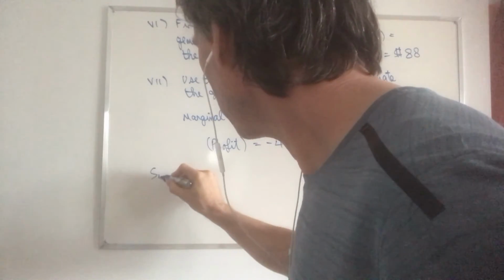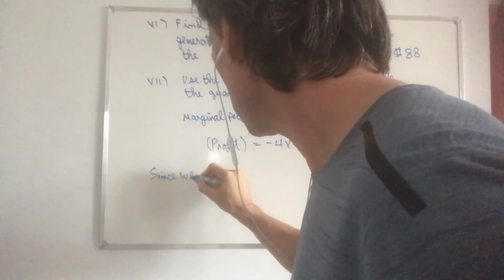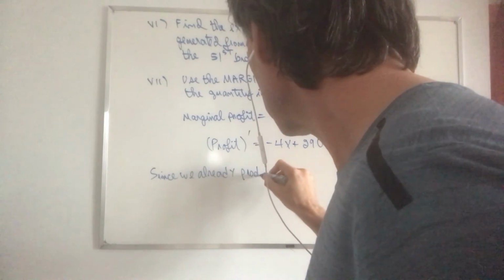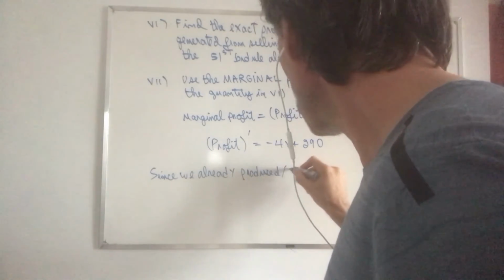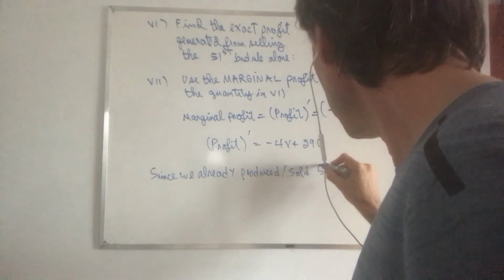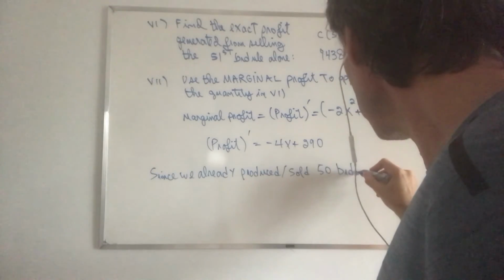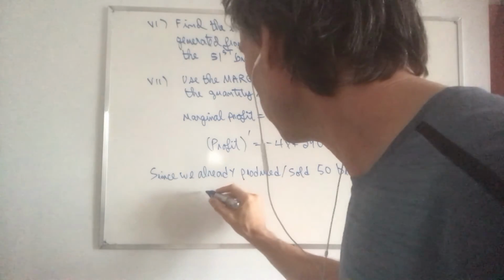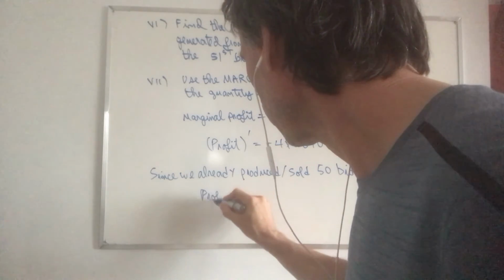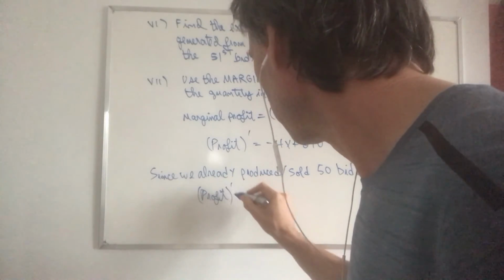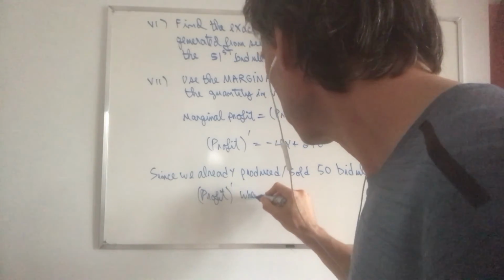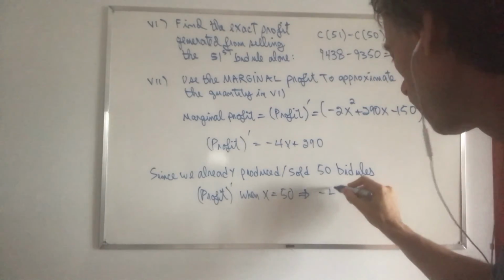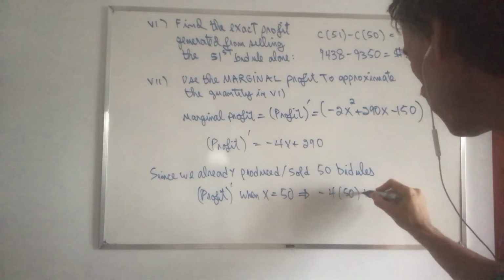So since we've already produced, sold 50 bidule, and we're actually interested in finding the profit from the 51st, we go profit prime when x is 50, which will give us minus 4 times 50 plus 290.